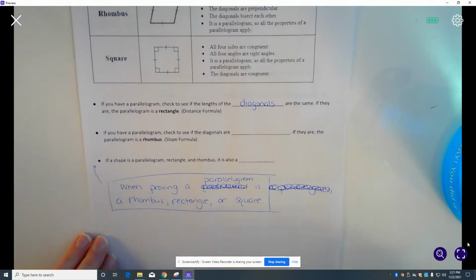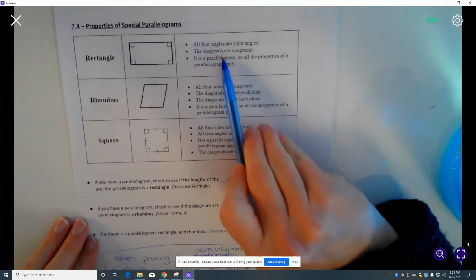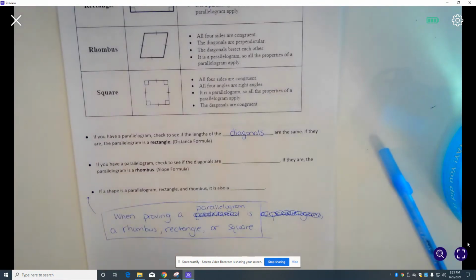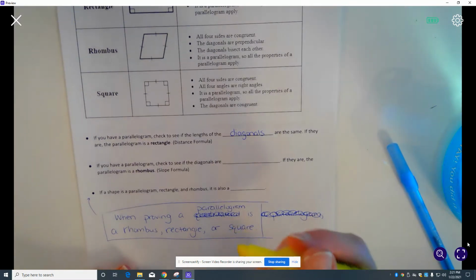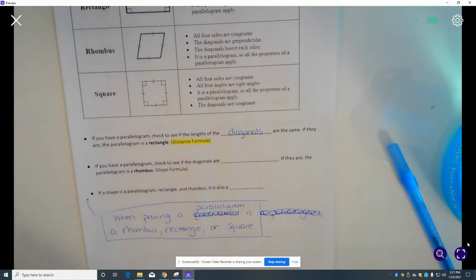If they are, we know it has to be a rectangle. That goes with the property that the diagonals are congruent in a rectangle. Keep in mind that when we're finding lengths of diagonals, we're going to be using the distance formula.